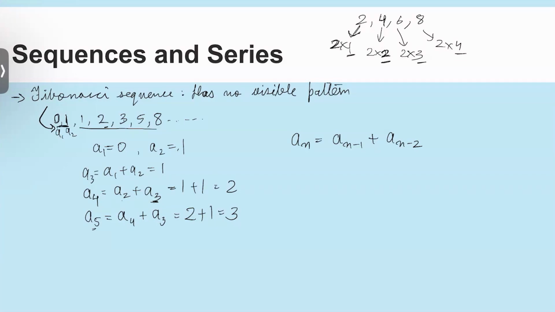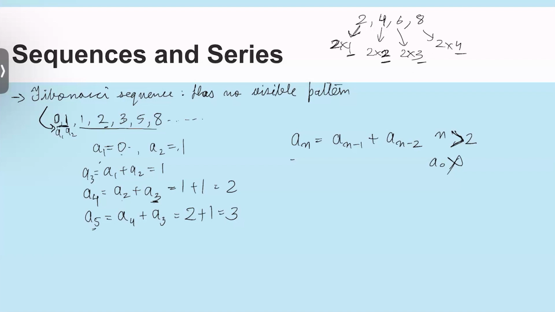Now over here, AN is equal to A(N minus 1) plus A(N minus 2), and N has to be more than 2. Obviously, A0 does not exist over here. So we have to consider A1 equal to 0 and A2 equal to 1. So this is called a Fibonacci sequence.